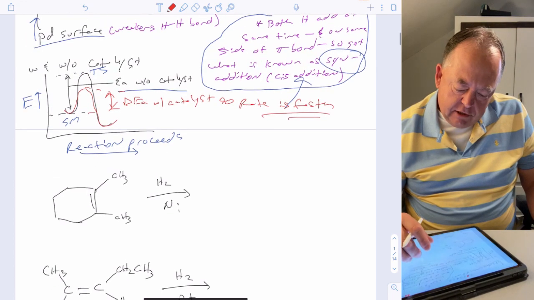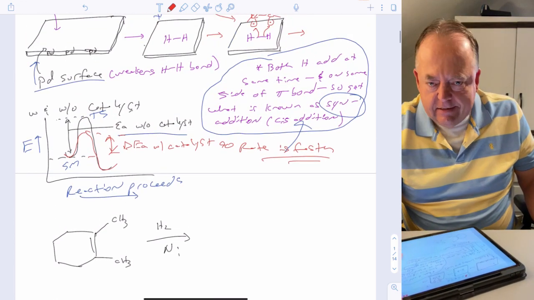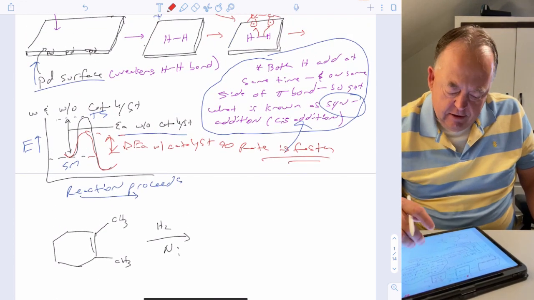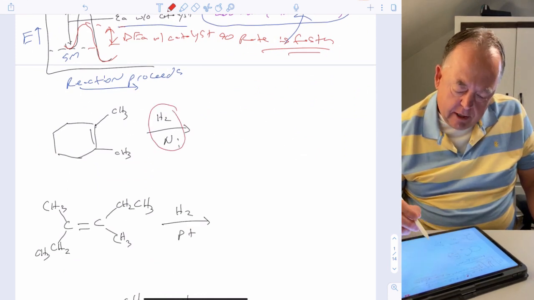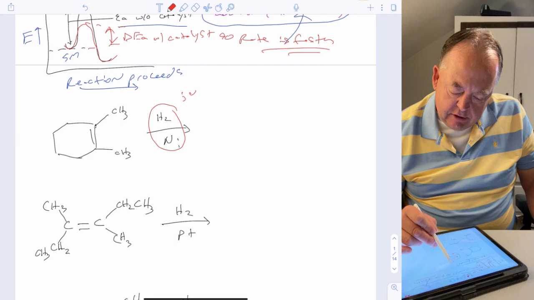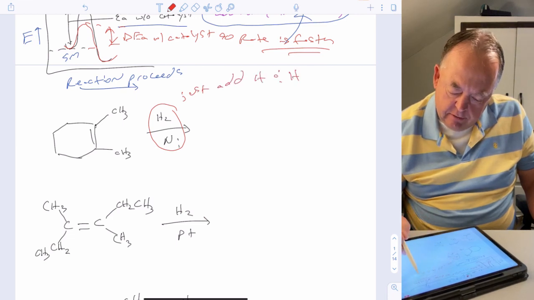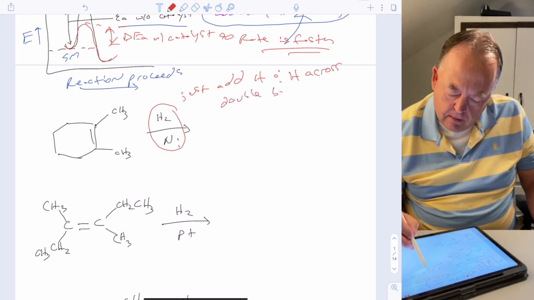Okay, but basically what you're going to have to be able to do in this class is just predict the product. So if you have an alkene and you see H2 and a metal catalyst, just add H and H across the double bond, cis to each other.